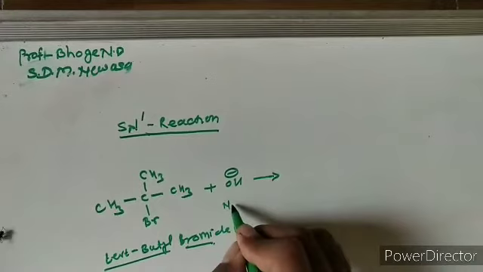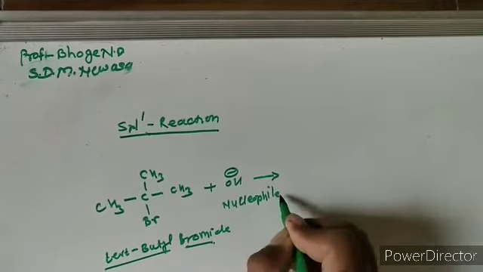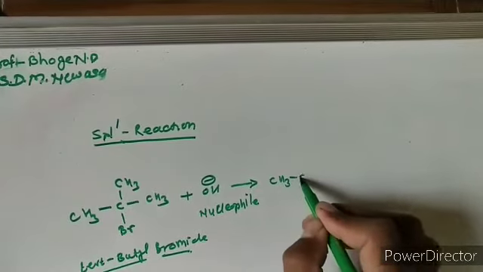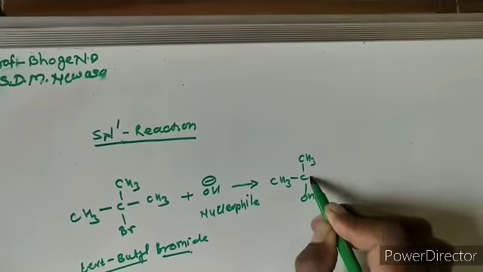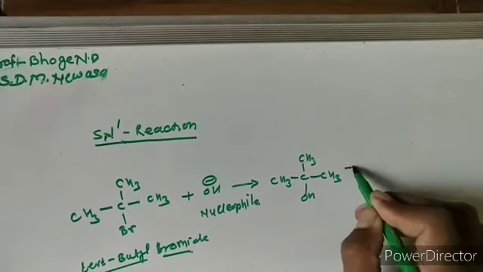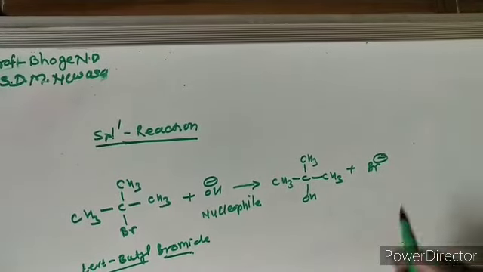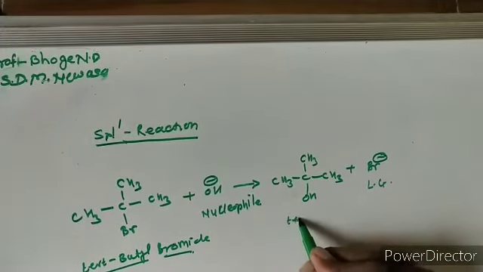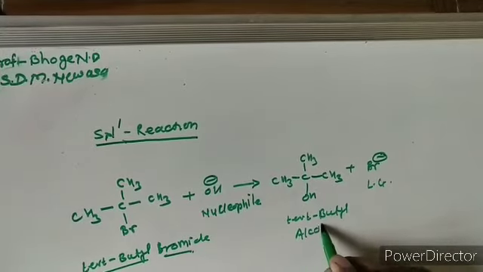the OH minus from NaOH has the role of nucleophile. After attack of the nucleophile, there is a nucleophilic substitution reaction. Br minus is the leaving group, and this is our product, tertiary butyl alcohol.